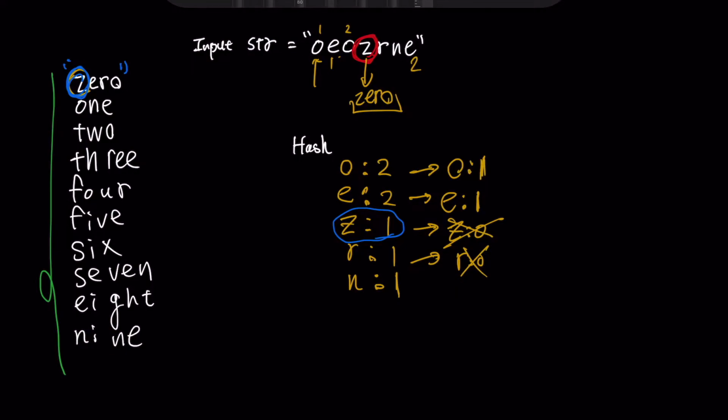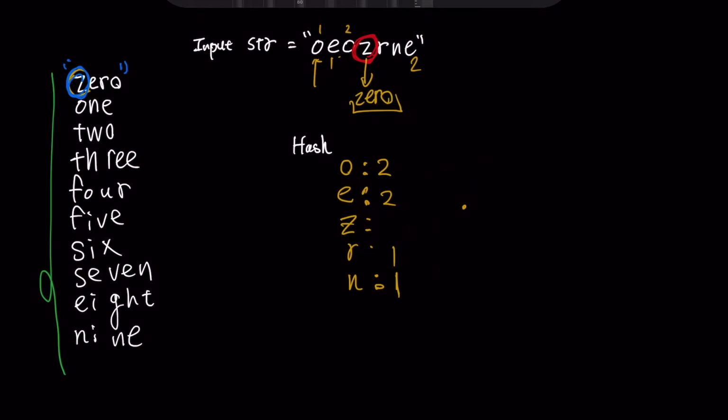So now what I have is 1 O, 1 E, 1 N, and okay, so I can reconstruct 1. So you get the idea of how we can decrement and keep track of which digit was being used.